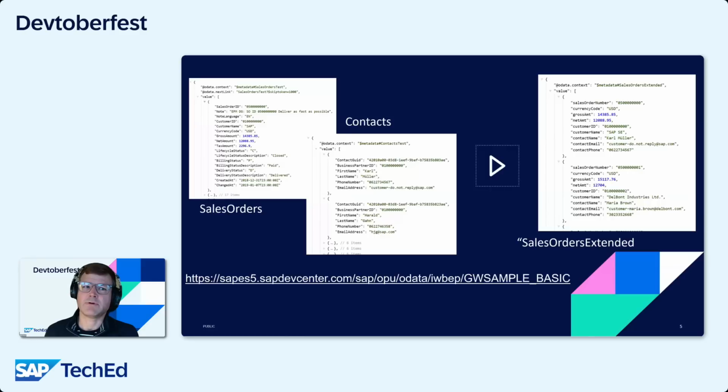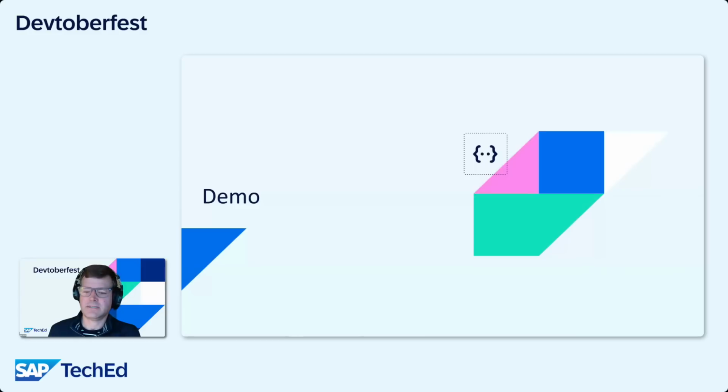So that's what we're going to do in our demo today. And if you're a little bit old-fashioned, you might say we're denormalizing the data. So we're taking it from its original form there and putting it together. So let's have a look at the demo.